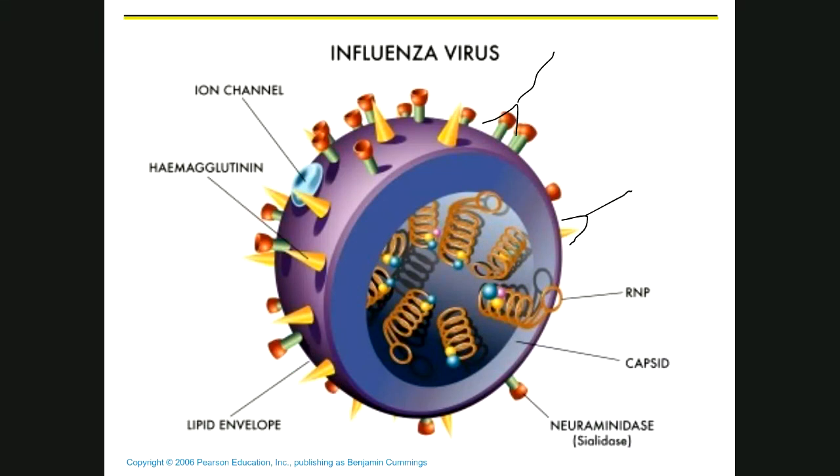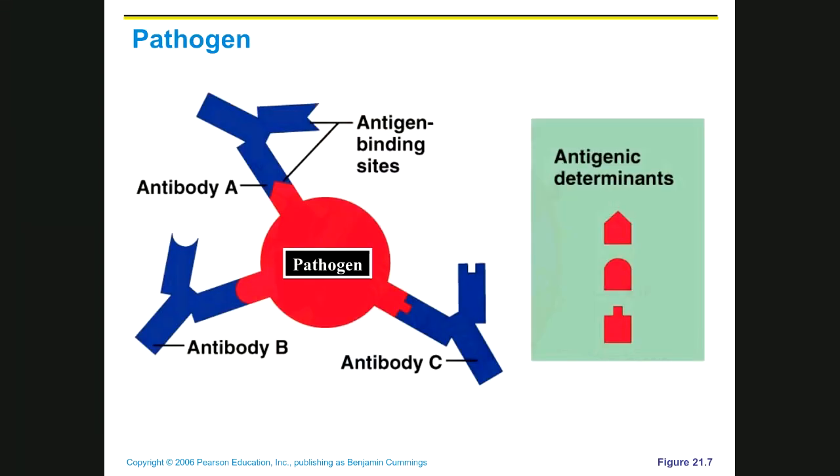Here would be antibody A, and here would be antibody B. And then there's another shape over there. Again, if it's foreign to you and it's non-self, it can be an antigen and you can create an antibody to it. Does everybody understand the difference between pathogen and antigen? Any questions?